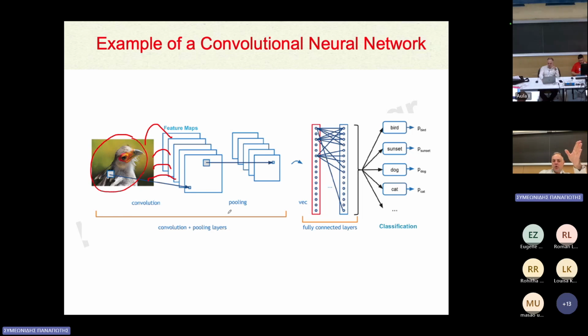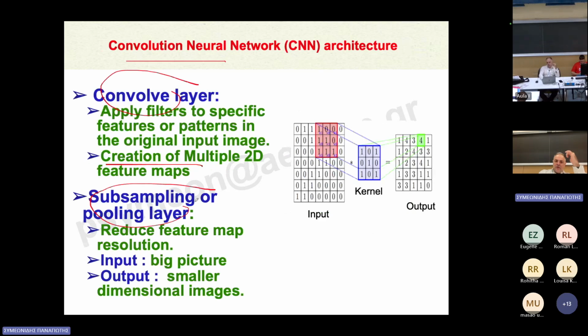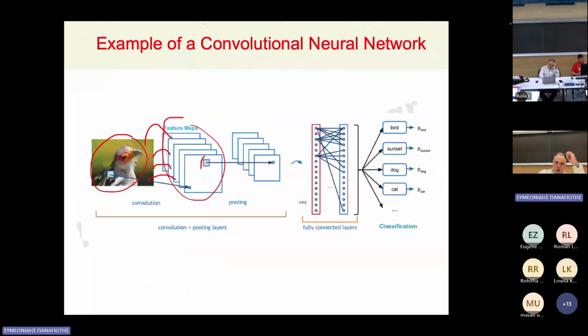This is the convolution stage. And then the second is the subsampling or pooling layer, where we reduce the feature maps resolution. So we have these feature maps, and for every feature map we create a subsampling of it.